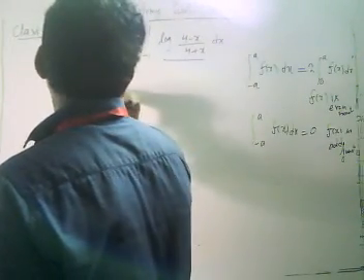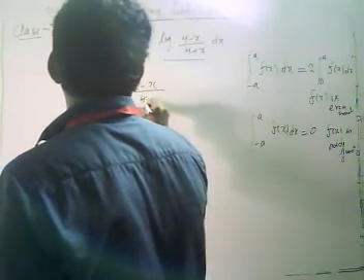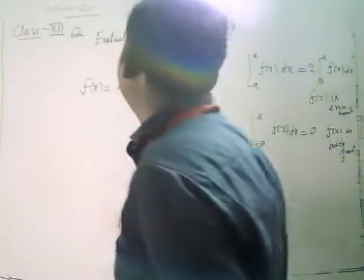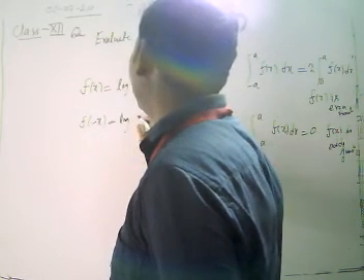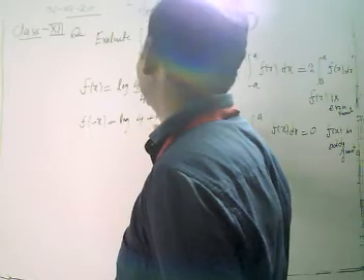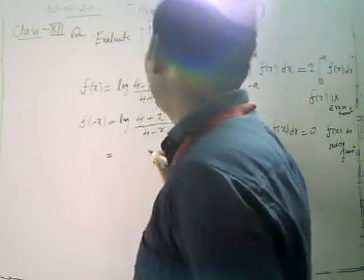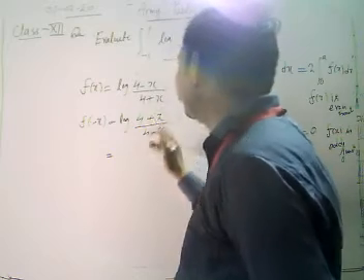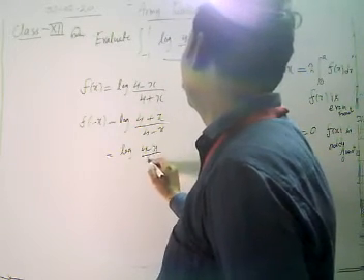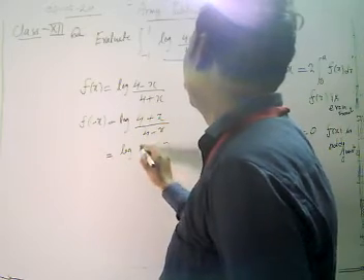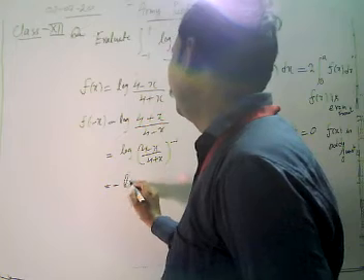Take f(x) equal to the log function. Now take f of minus x, and put minus x in place of x, giving log of (4 plus x) over (4 minus x). Now I am going to reverse this, taking the power inside.